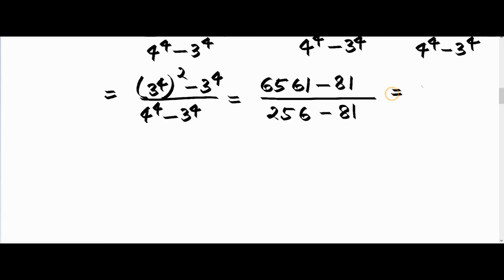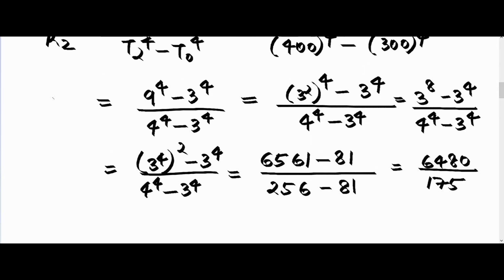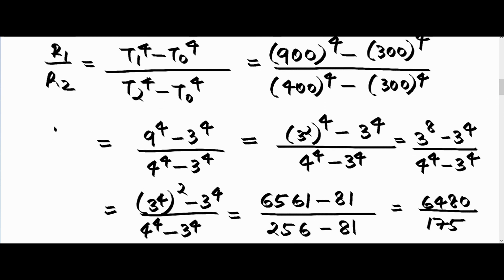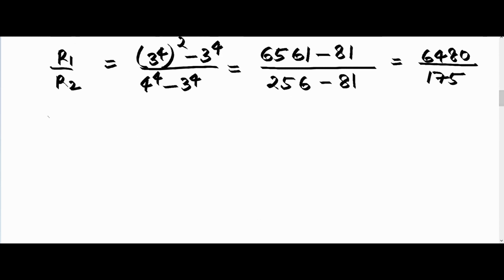So 6561 minus 81 will get us the value 6480 upon 175. Always don't forget the left hand side: what the left hand side actually is, is the ratio R1 upon R2. So now we got the ratio 6480 upon 175.